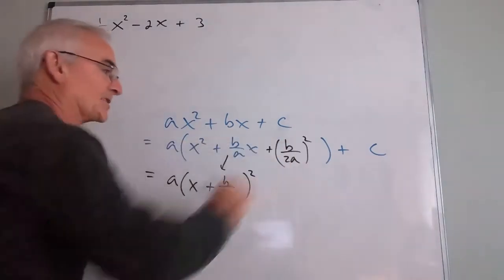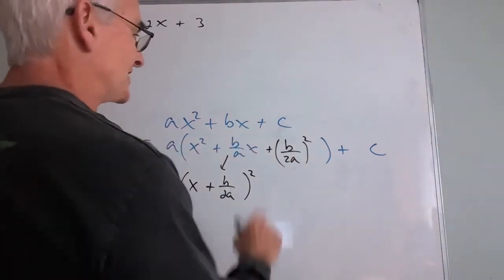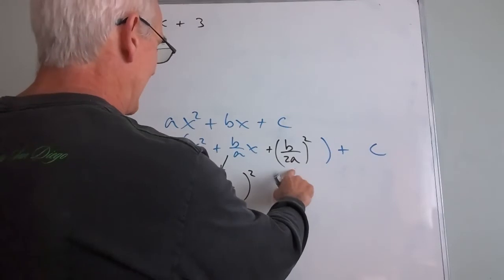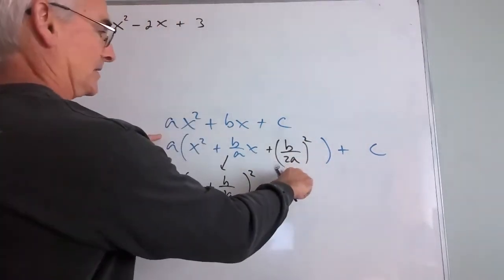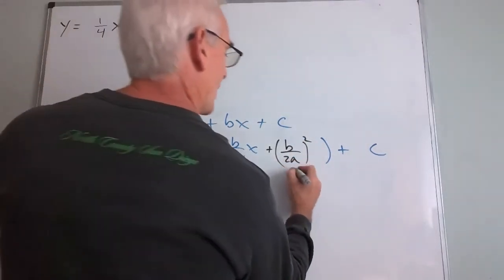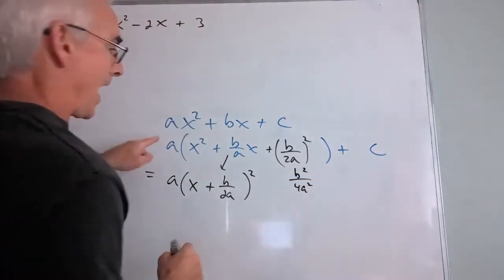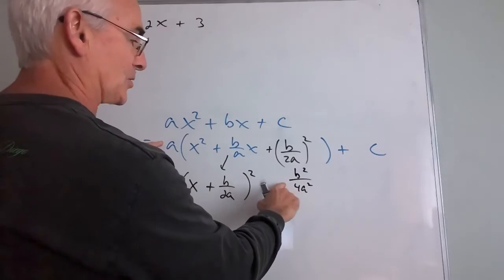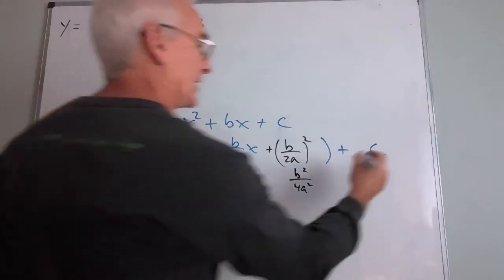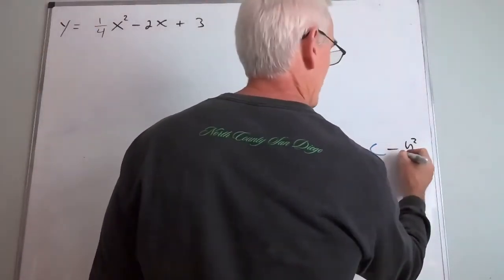Now this is a perfect square. But I just added something. I added a times this. Yikes. Well, that's b squared over 4a squared, so I just added b squared over 4a. So we go minus b squared over 4a.